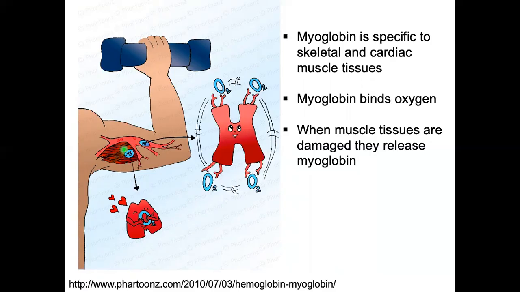When these tissues are damaged, the myoglobin actually is released into the blood. And so you can infer how much damage happens with the skeletal muscle, or as in a heart attack, the cardiac muscle, because they're going to leak enzymes, myoglobin, and troponin, which is a contractile fiber, into the bloodstream, and you can measure that.